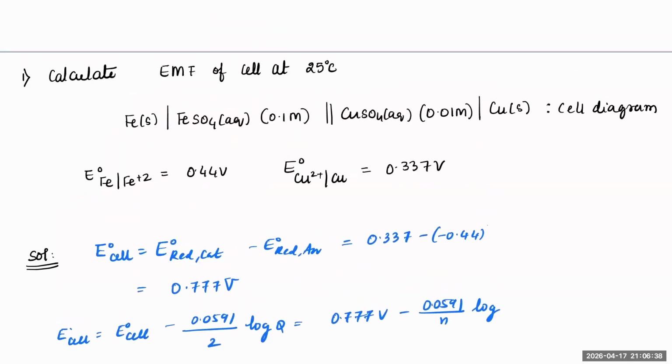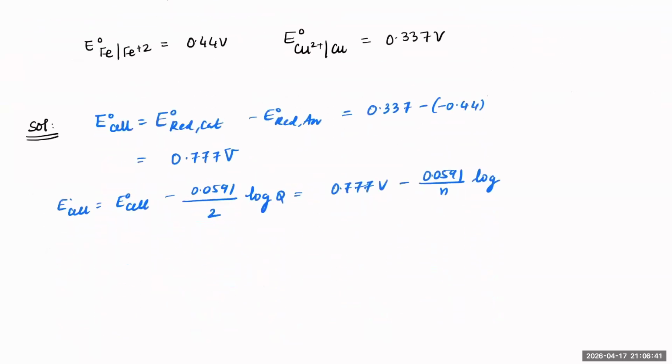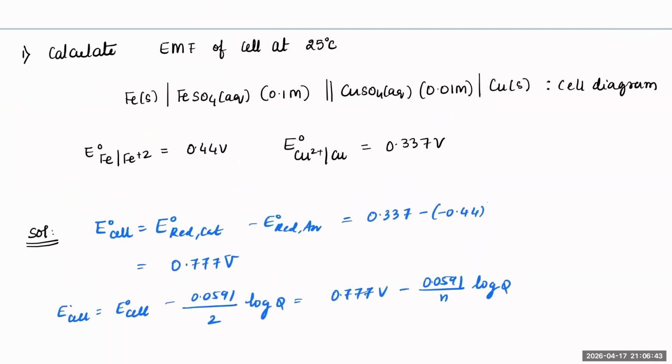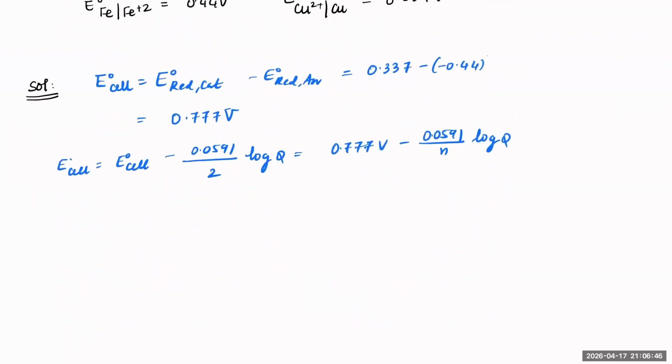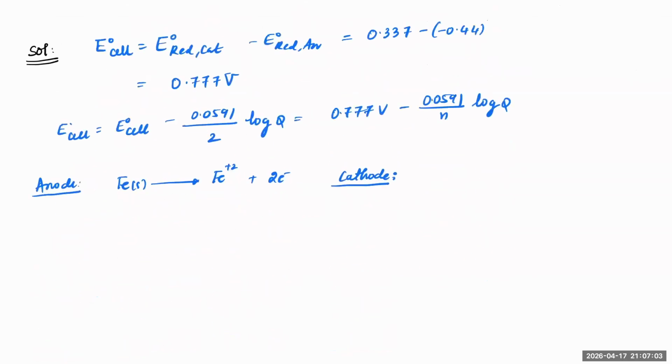Now notice this, whenever you want a Q value, for that we require an overall equation. So let me write the anode reaction here now. Anode reaction is solid Fe changing into Fe2 plus plus 2 electrons. Then cathode. If it comes to cathode, you can see aqueous copper 2 plus is taking 2 electrons and converting into solid copper.